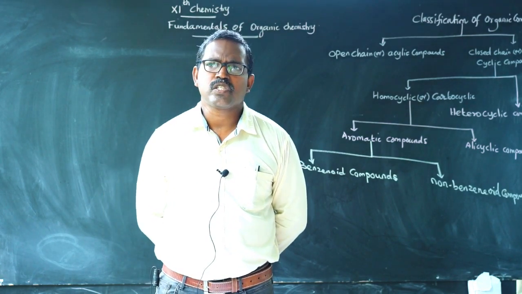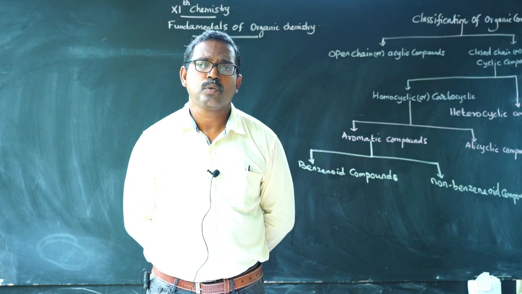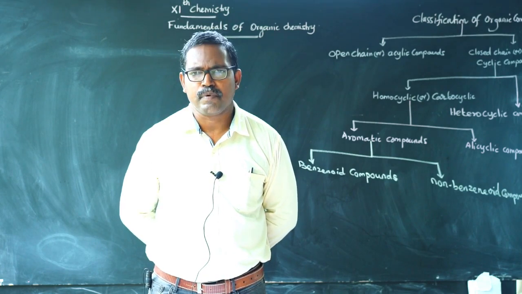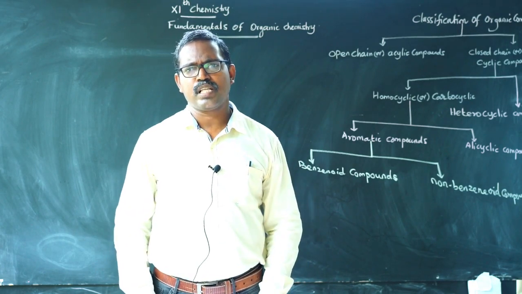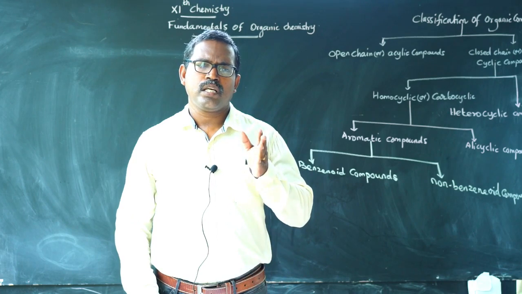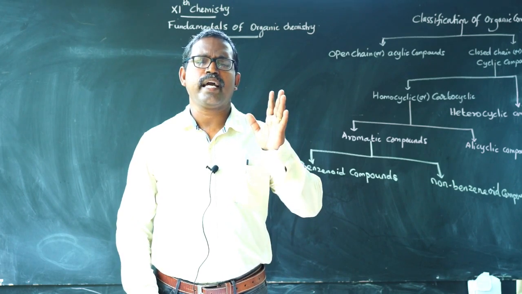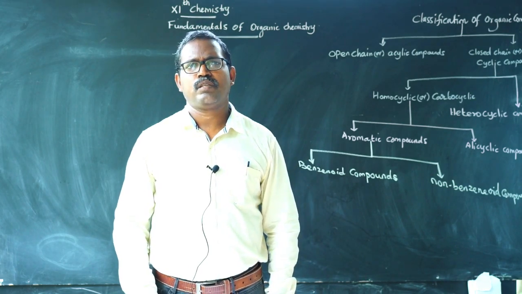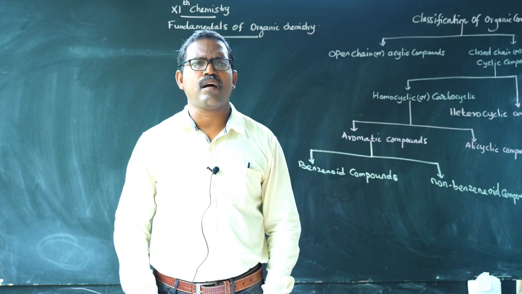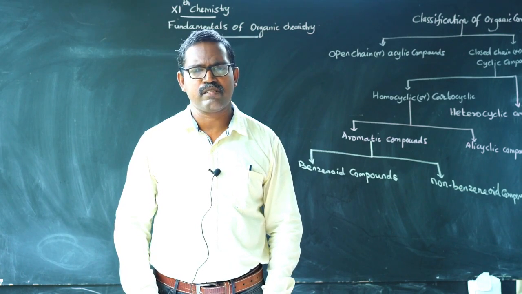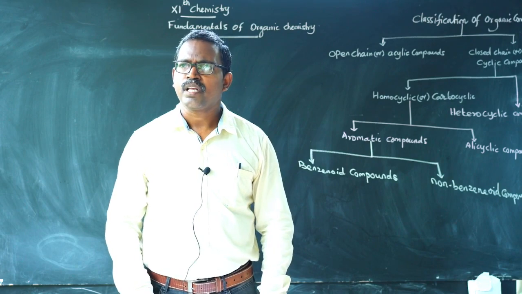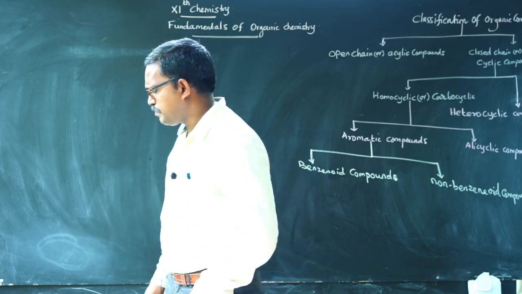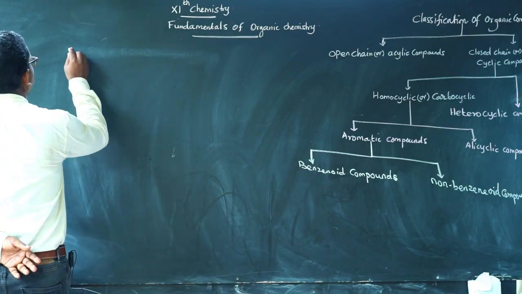He synthesized urea, which occurs in the urine of mammals, from inorganic mineral origins. What are the inorganic origins used for the synthesis of urea? Ammonium sulfate.